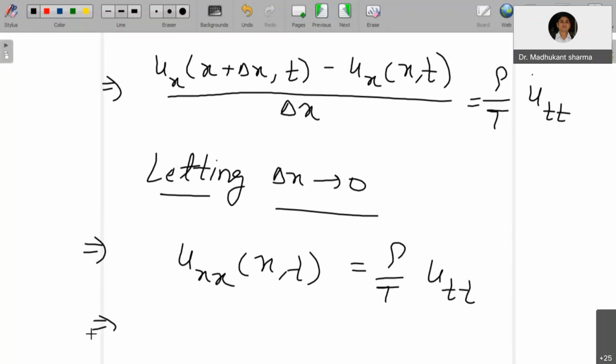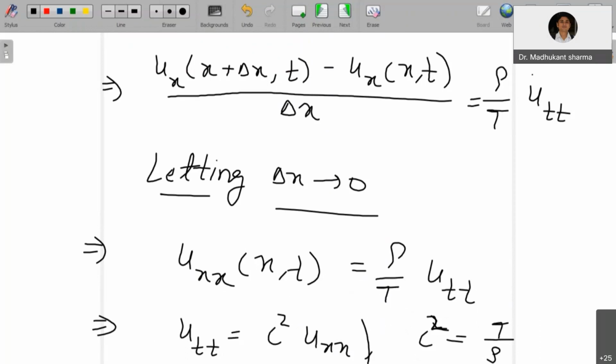So now this is going to be utt equals c squared uxx, where c squared is always positive. So c squared is going to be T by rho, where T is the tension and rho is the mass density.